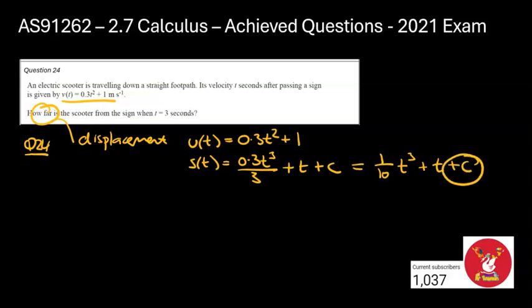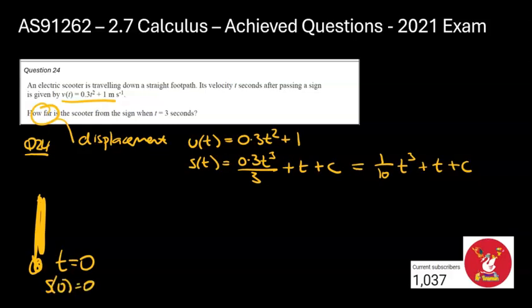So again, my issue is what is that plus c? In this case, it actually ends up being quite easy because if you think of distance, if you're at the start line, no time has passed, and also because you're at the beginning, no distance has also passed. So that means the displacement is also equal to 0. So we're going to substitute that into our function.